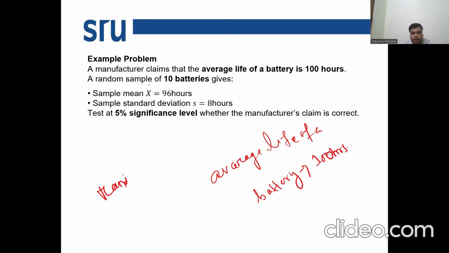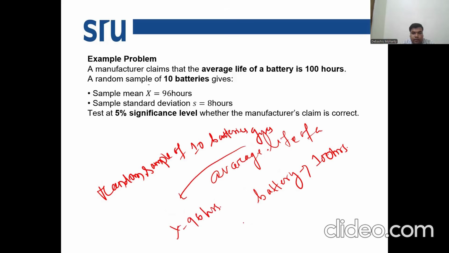So a random sample of 10 batteries gives the following: x bar is equal to 96 hours and standard deviation s equal to 8 hours.